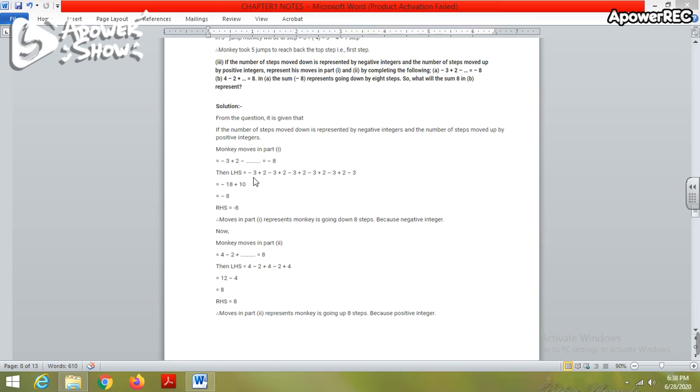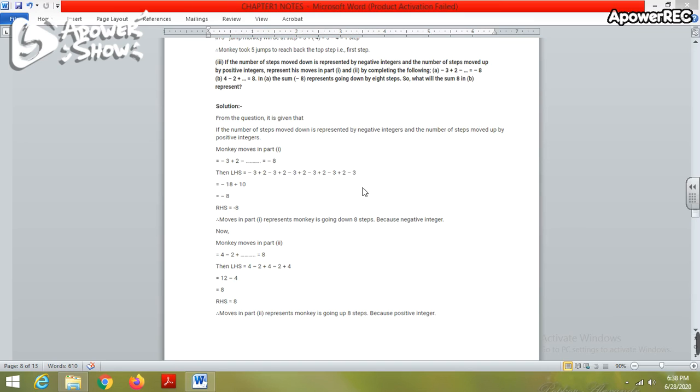In the first step he reached the 9th step after the 11th jump, so just add -3 in the first jump, then +2 in the second jump, again -3 third jump, again +2 fourth jump. Similarly, after the 11th jump the situation is like this: -3 +2 -3 +2 -3 +2, and so on.